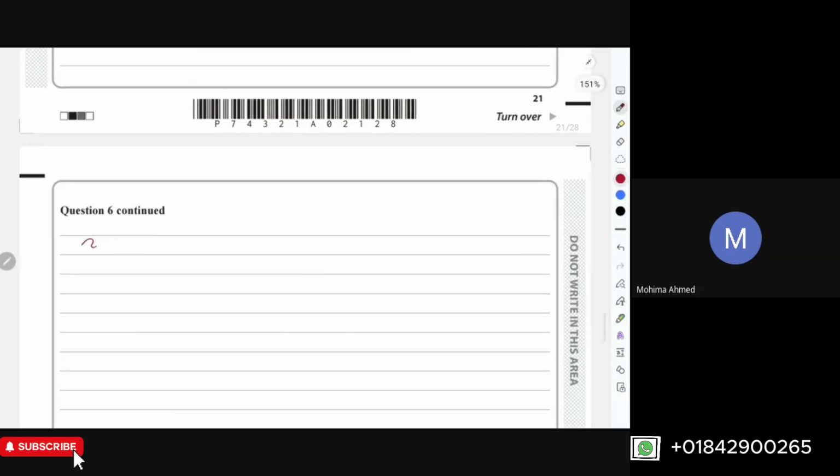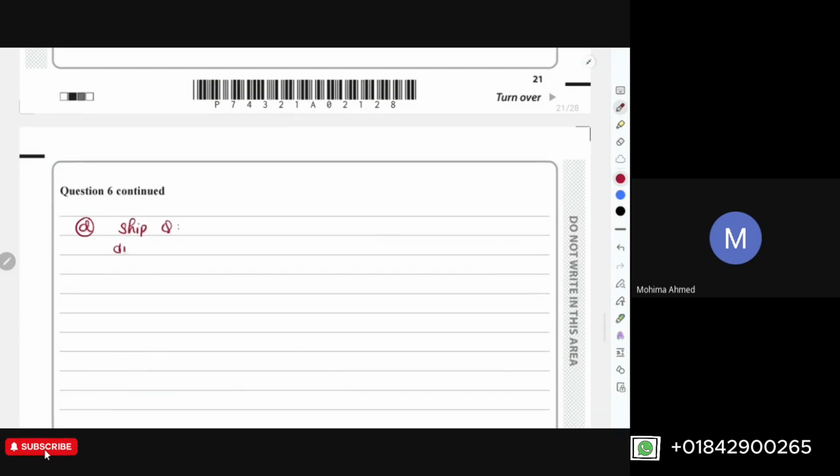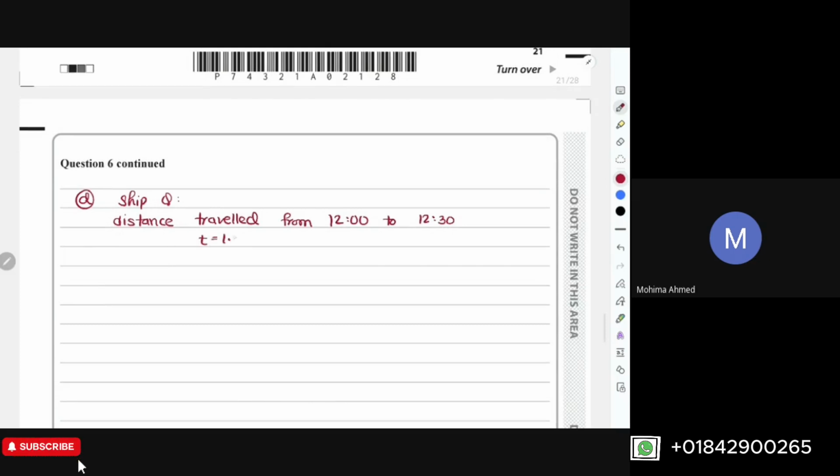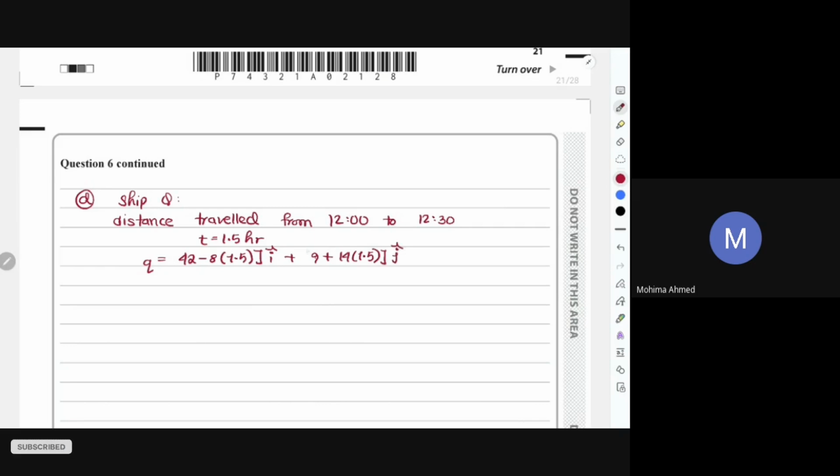So first, for part D, we're focusing on ship Q, the distance traveled from 12:00 to 12:30, right? So we have the time as 1.5 hours, and the expression here for Q was 42 minus 8 times 1.5 i plus 9 plus 14 times 1.5 j.